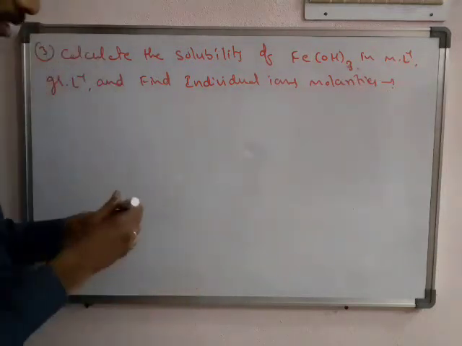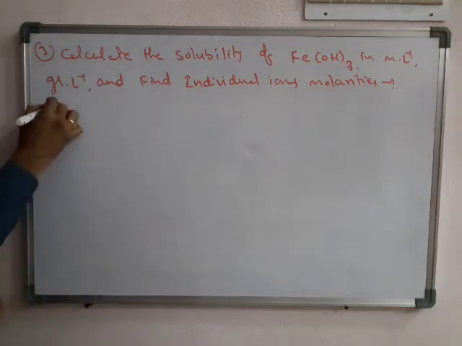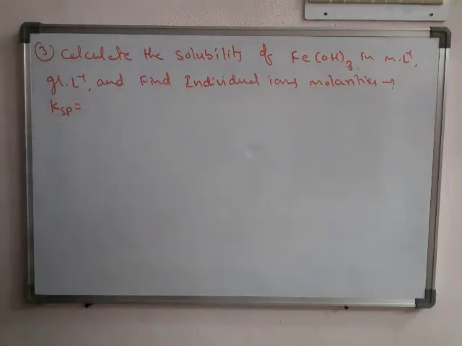Okay, the same problem. Here the Ksp of ferric hydroxide is given as 10 power minus 38.